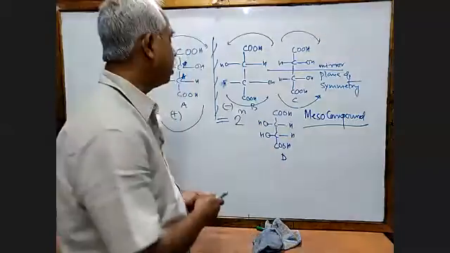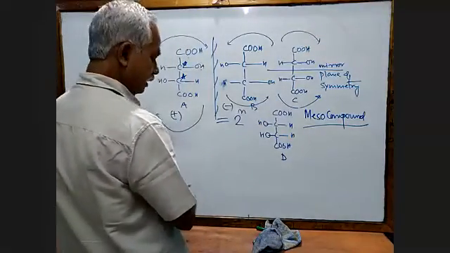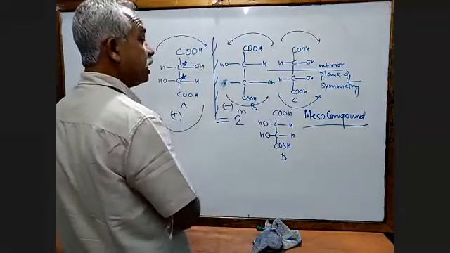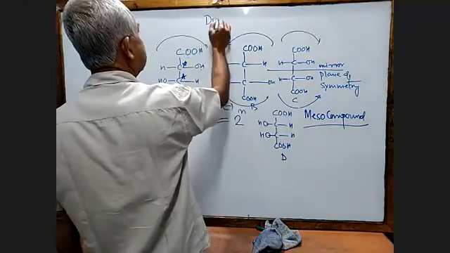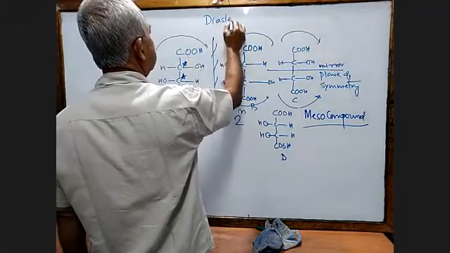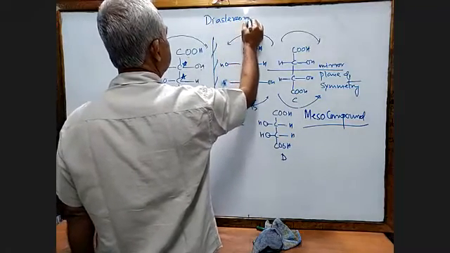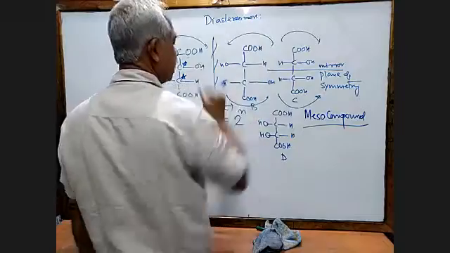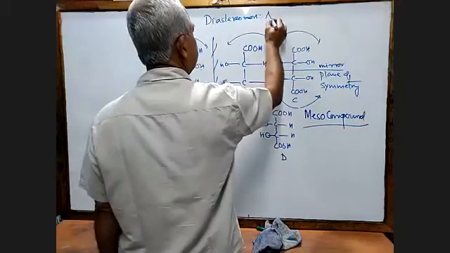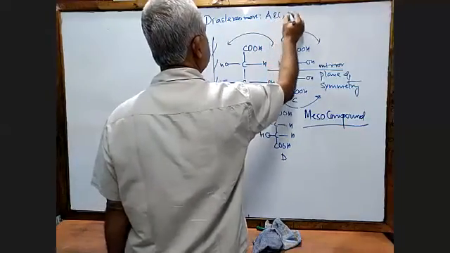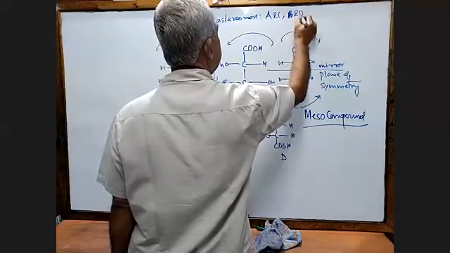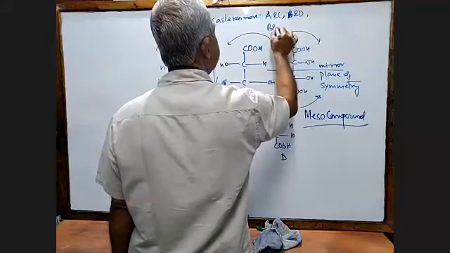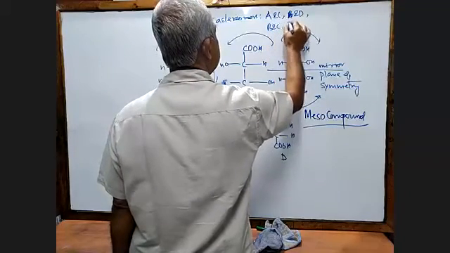And those types of structures are called diastereomers. You should know. So what are the diastereomers we have here? A and C, A and D, B and C, and B and D.